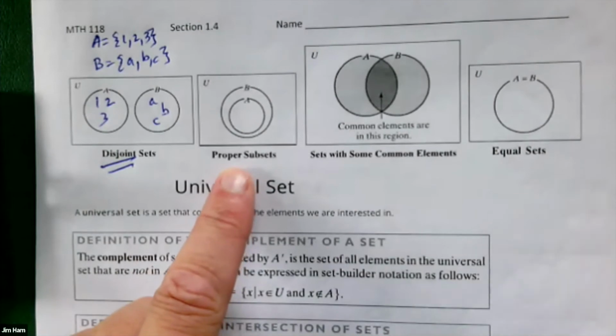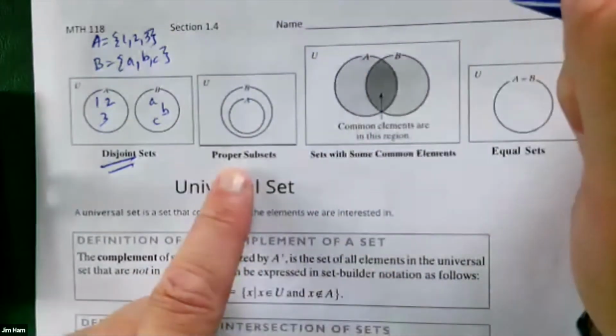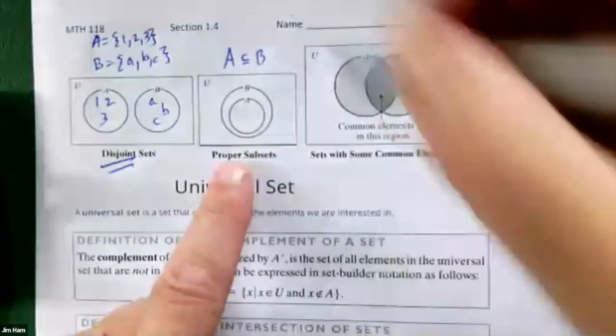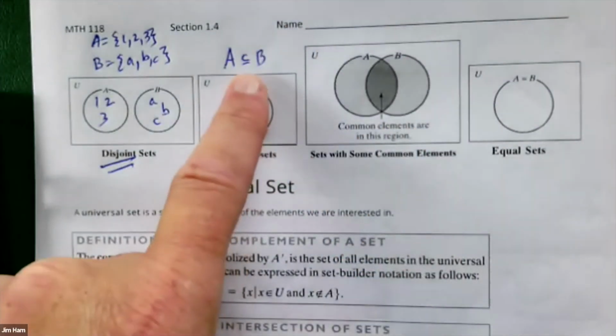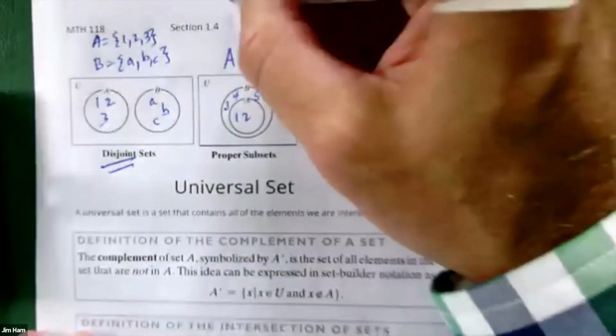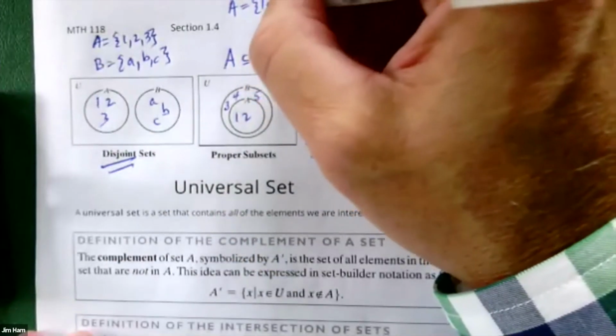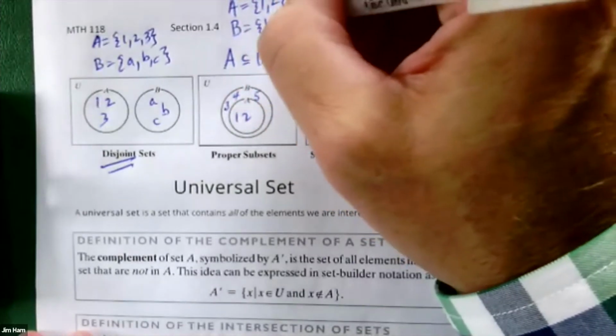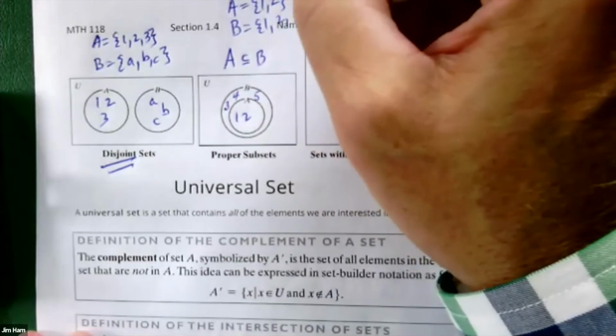Proper subset. I'll talk about this more in a little bit, but we say that A is a subset of B. A is completely contained in B. An example for this one would be if A was the set {1, 2}, and B was the set {1, 2, 3, 4, 5}.